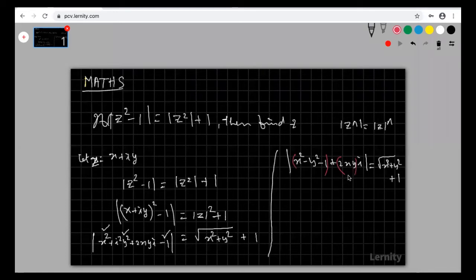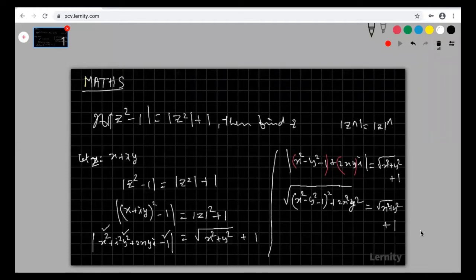Real part and imaginary part, so take the modulus. The modulus is root over x square minus y square minus 1 the whole square plus 2xy the whole square, equal to root of x square plus y square plus 1.